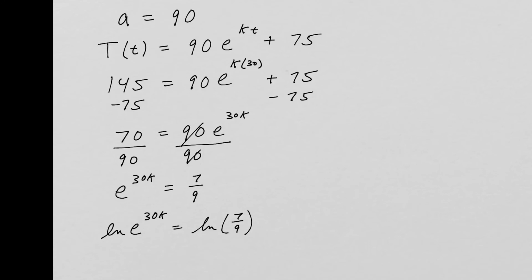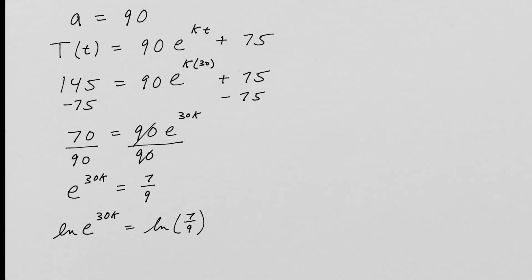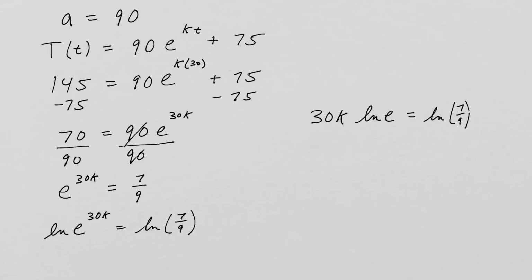Let me finish the problem over here. So remember our rule, the exponent can come out front of the log. So this is really just 30k times natural log of e is equal to natural log of 7/9. But what's natural log of e? Remember, that's log base e of e. That's just equal to 1, right?